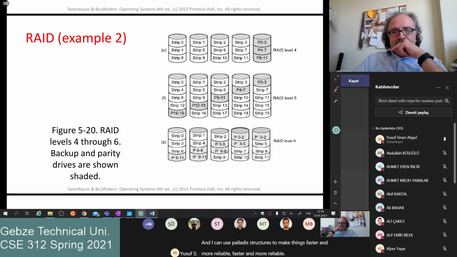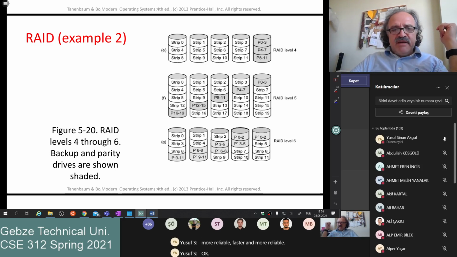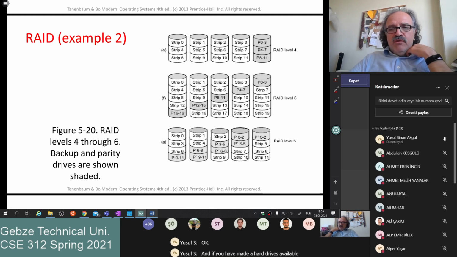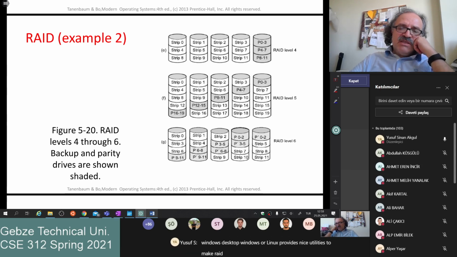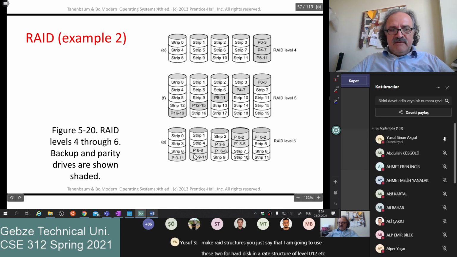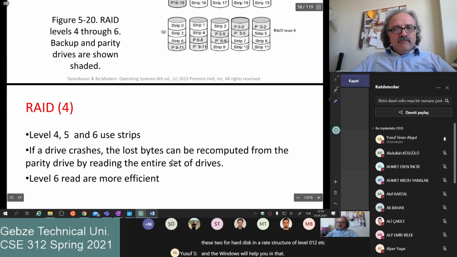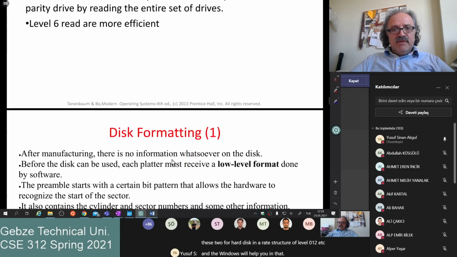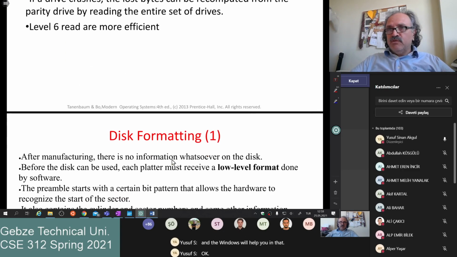And if you have many hard drives available on your Windows desktop, Windows or Linux provides nice utilities to make RAID structures. You just say that you are going to use these two hard disks in a RAID structure of level 0, 1, 2, etc. And Windows will help you in that. Okay, good. Any questions so far?